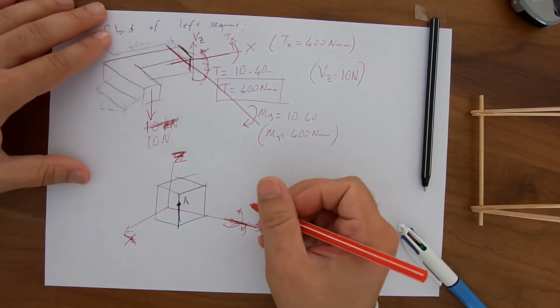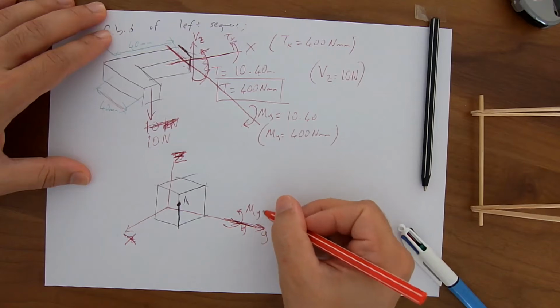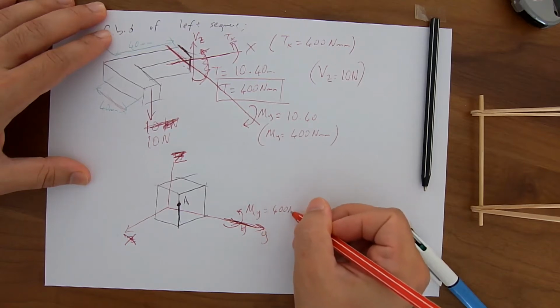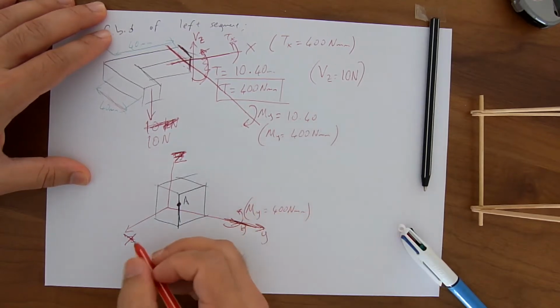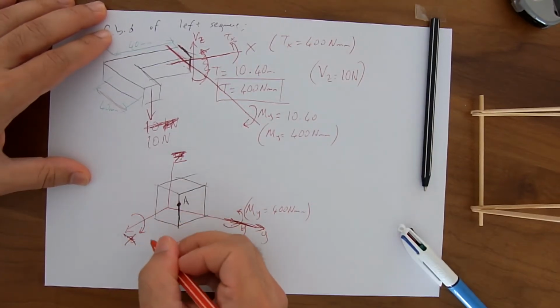Y-axis. Okay, and this is my, opposite to this direction, 400 Newton millimeter, and Tx is also in the opposite direction.